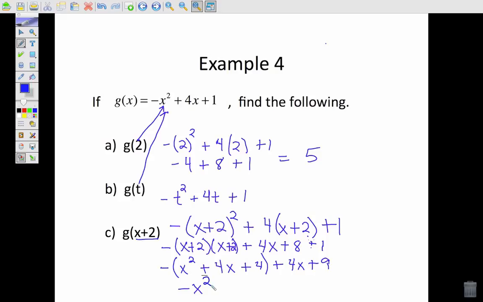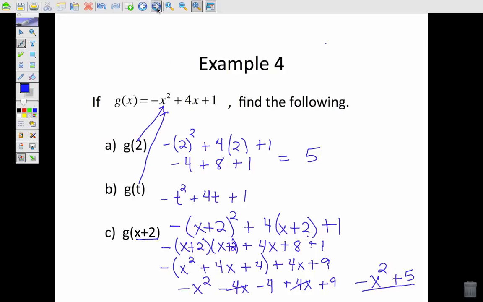Negative x squared because of the opposite, minus 4x, minus 4, plus 4x, plus 9. 4x's cancel. We have negative x squared, and negative 4 plus 9 is 5. That's our final simplified expression. That's how you evaluate into a function.